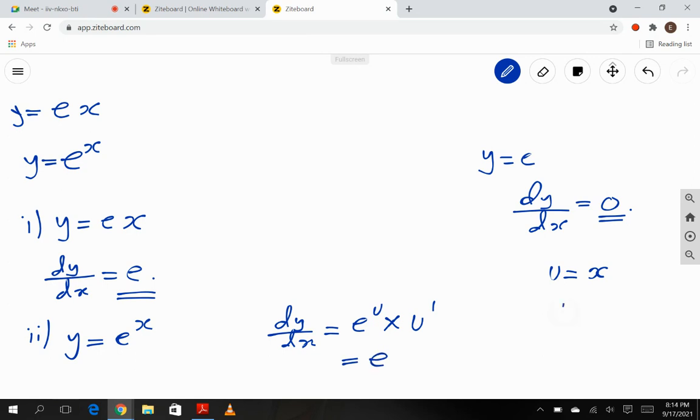Let's find our derivative of u. It's going to be 1, isn't it? So substituting there, times 1 gives us what? E to the power x.